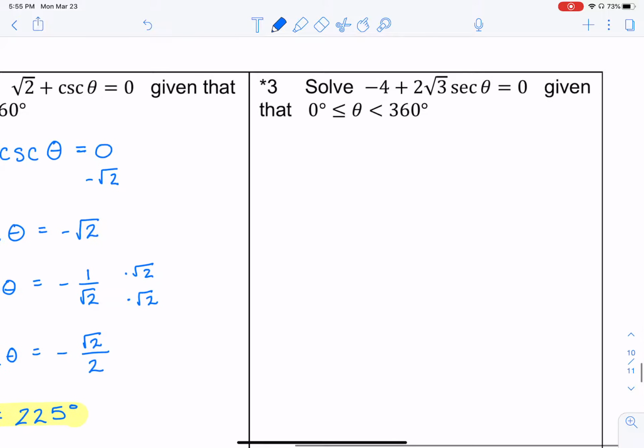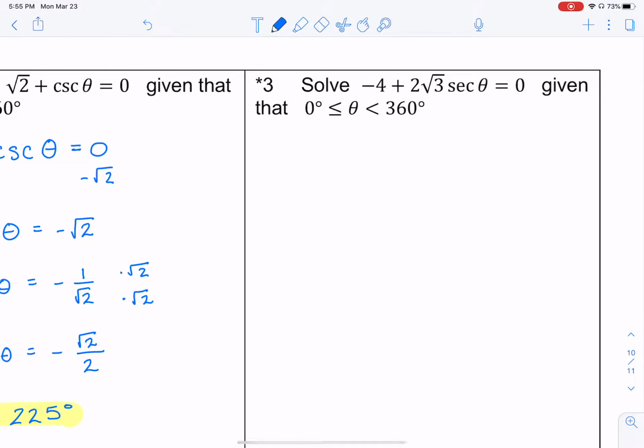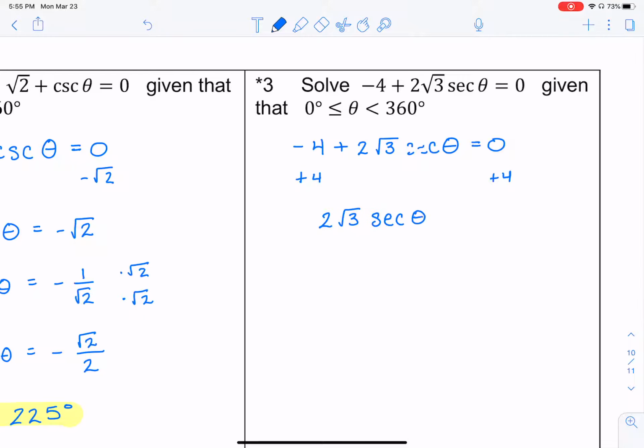On question 3, let me rewrite that question. Once again, we're going to start off with some algebra. I'm going to add the 4 over. And then it looks like I need to divide both sides by 2√3.